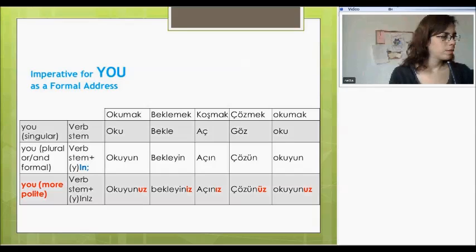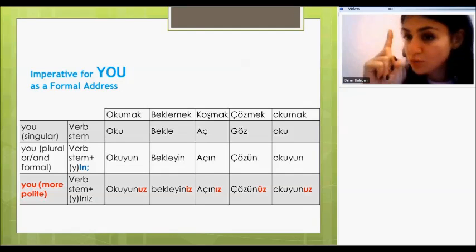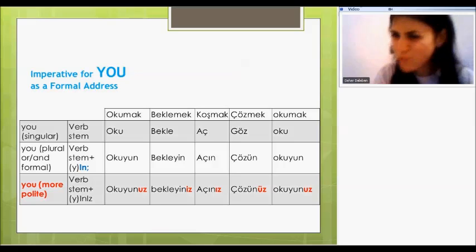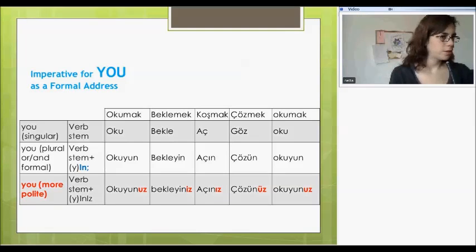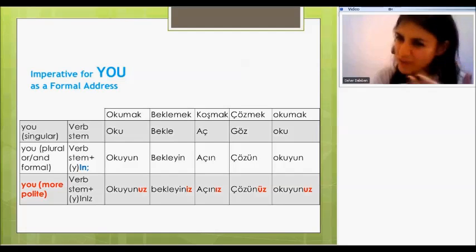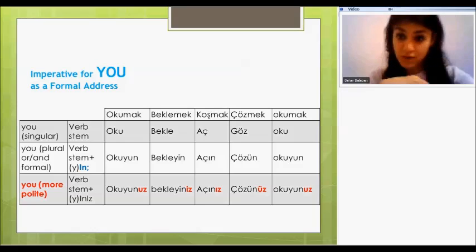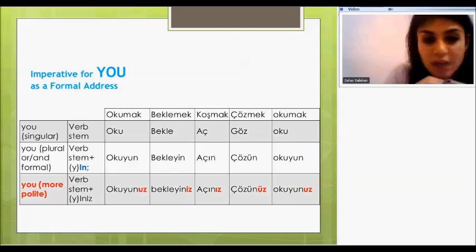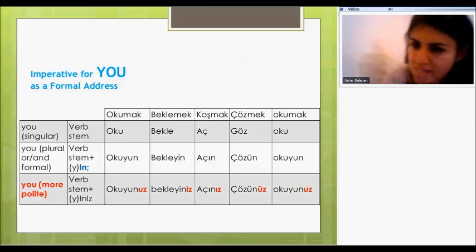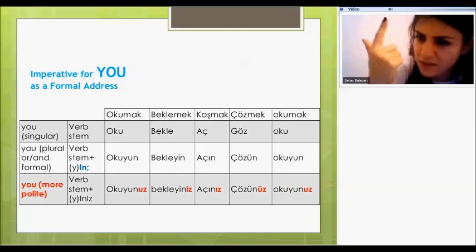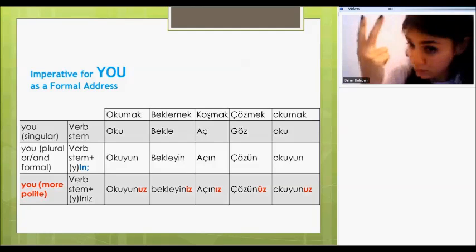One more for the formal you, which in English, when we want to address someone in a formal and polite way, like a teacher or someone important, exactly, we make some changes in our speech, don't we? So we're going to do the same thing in Turkish if we're going to refer to someone who we need to be polite towards.